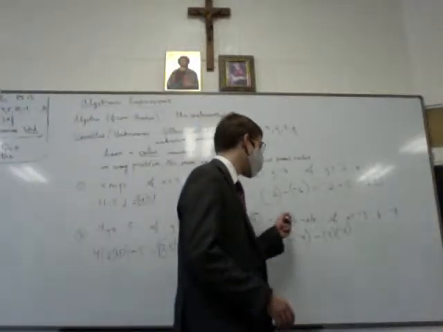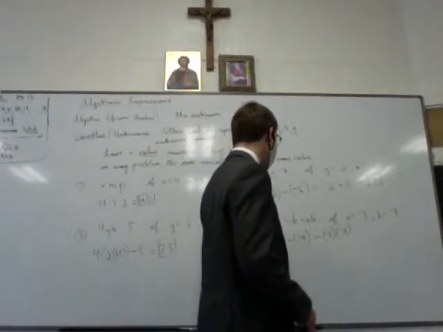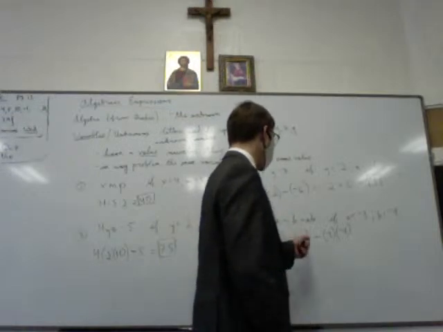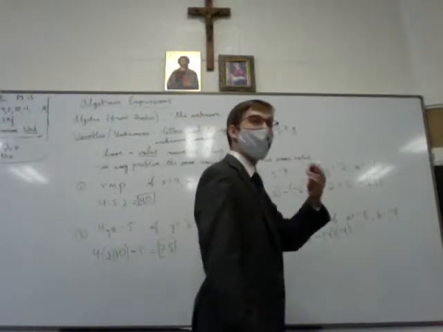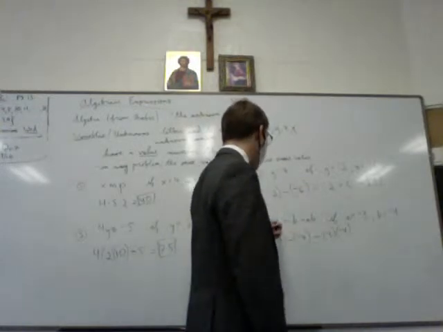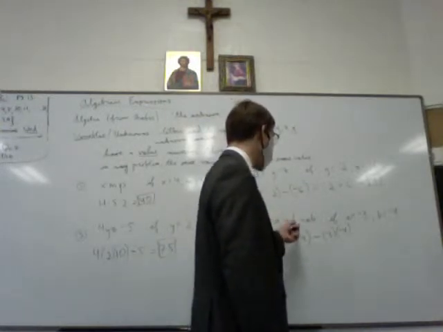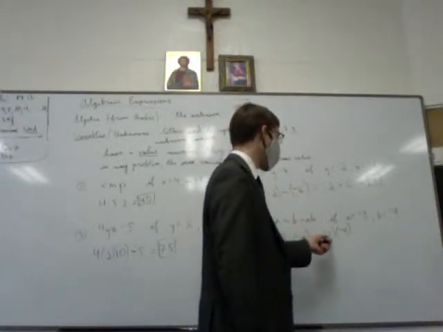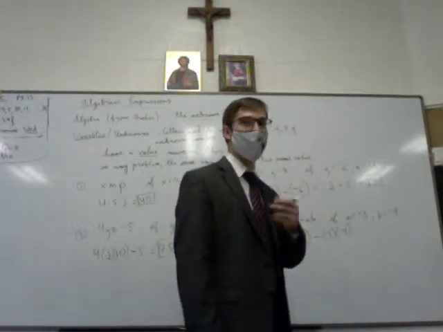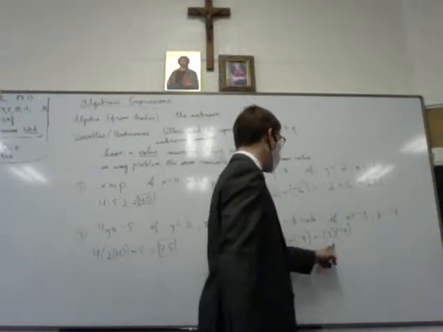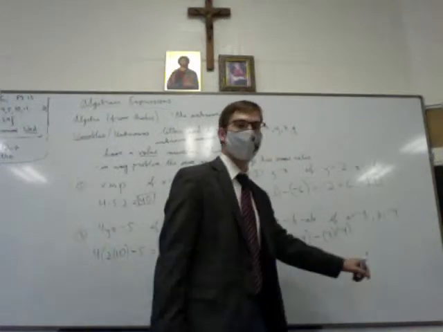Notice, all that I've done between here and here is just replace each of my variables with the value that they gave us inside parentheses. So a became negative 3 in parentheses. B became negative 4 in parentheses. A became negative 3, b became negative 4. Notice both a's are equal to negative 3. Both b's are equal to negative 4.